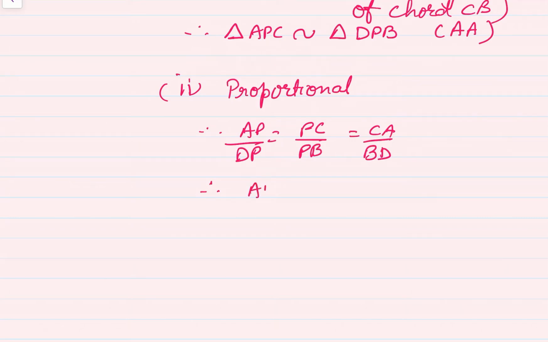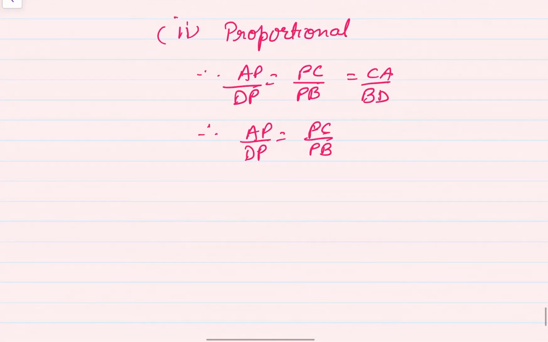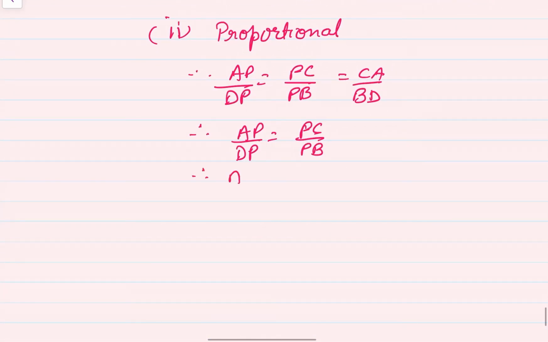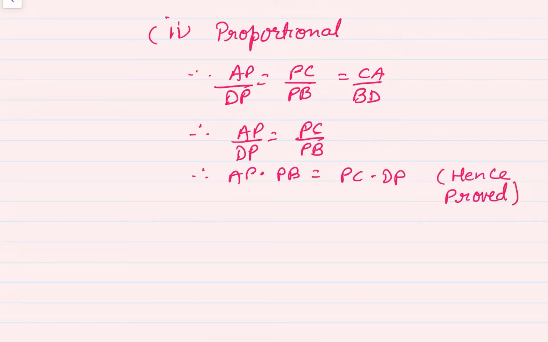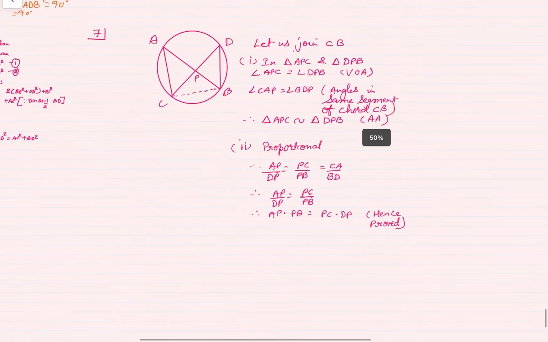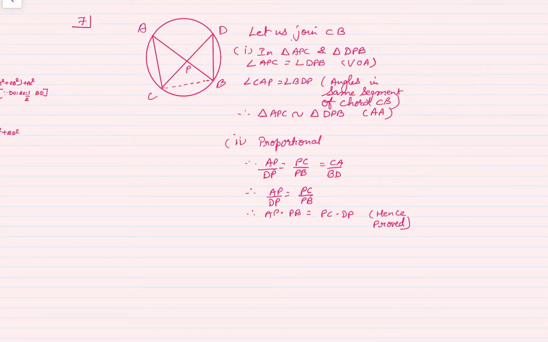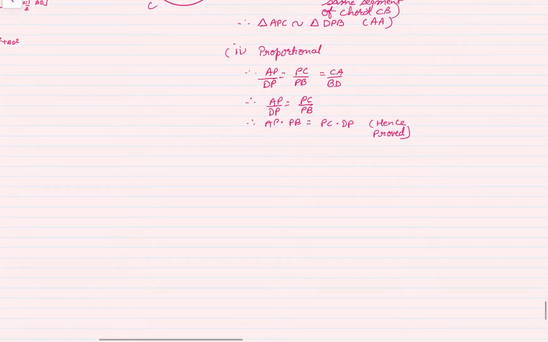Therefore, AP upon DP is equal to PC upon PB, which can be written as AP into PB is equal to PC into DP. Hence proved. So that is your question number 7. Now let us do question number 8.